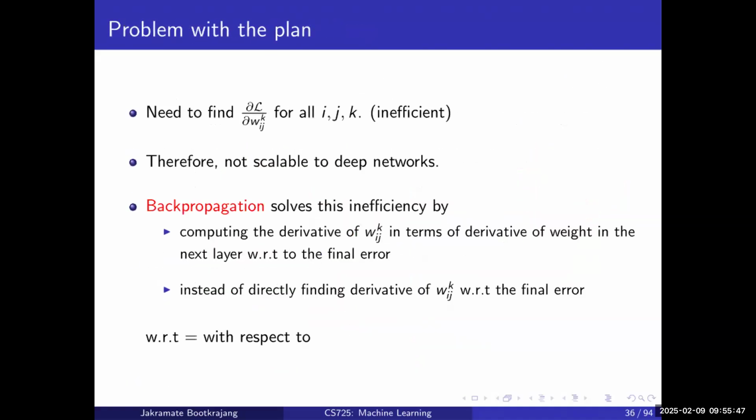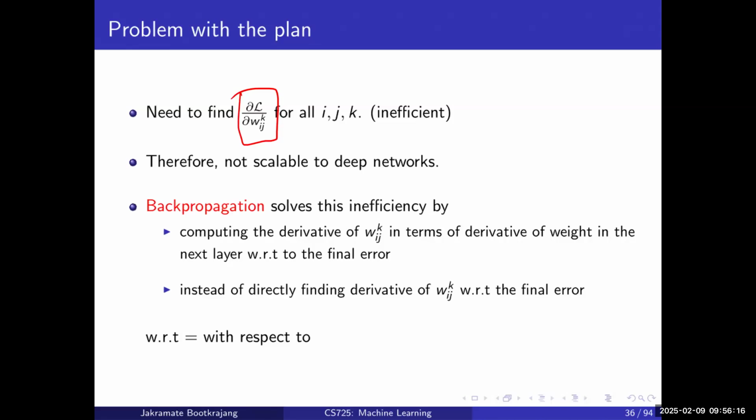So the strategy is that, well, let us do the simple case first. And the simple case would be to solve one layer at a time. And so we need to find this, right?